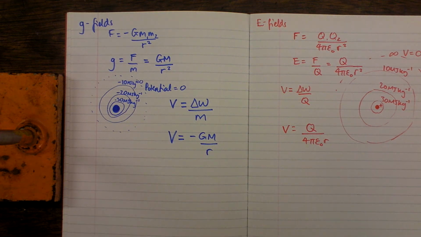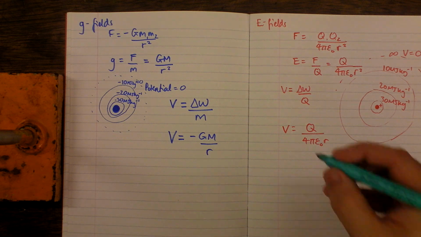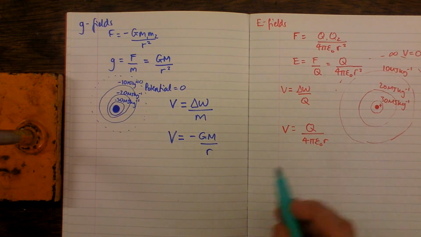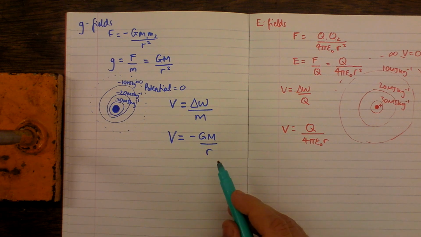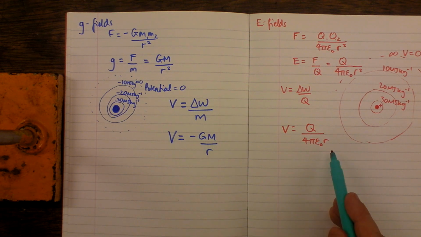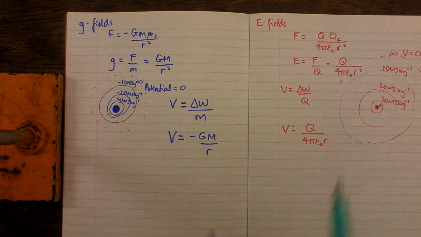And notice that these potentials are not proportional to 1 over r squared, they're just proportional to 1 over r. So this follows a different pattern to the equations we've had so far.